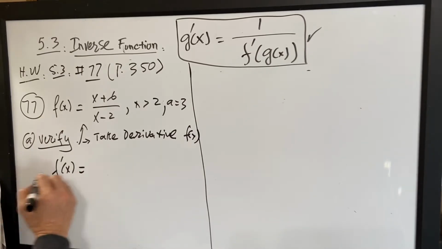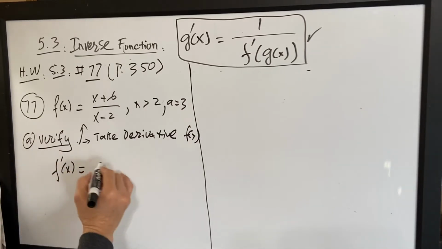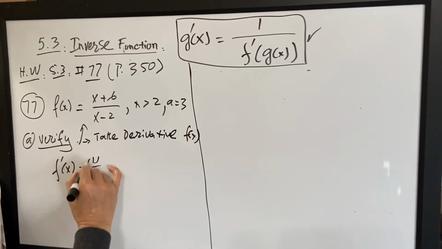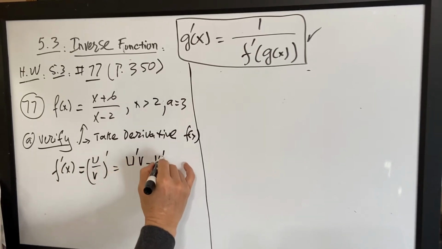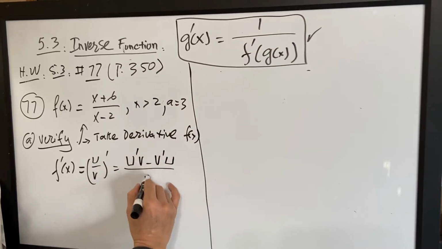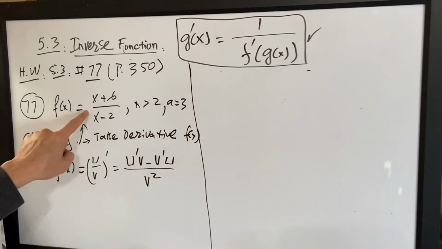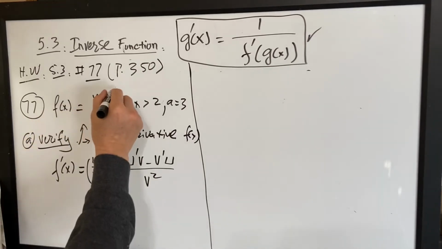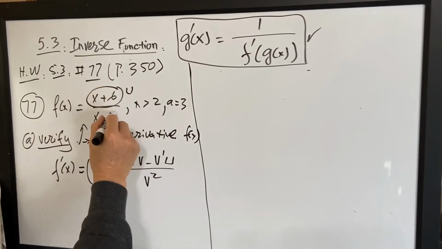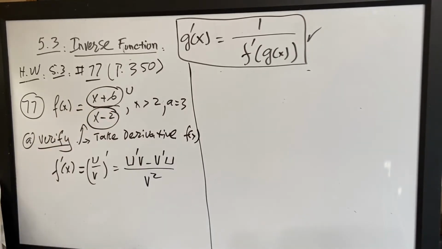So what would the derivative of this function look like? Remember, u over v, guys? The derivative of u over v equals u prime times v minus v prime times u over v squared. Over here, your u is x plus 6, and your v is x minus 2.